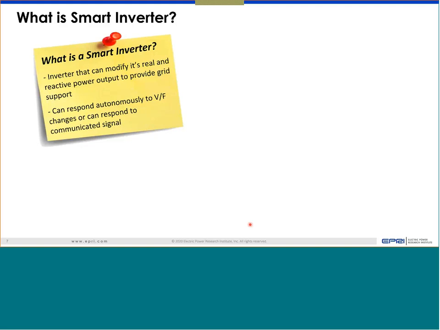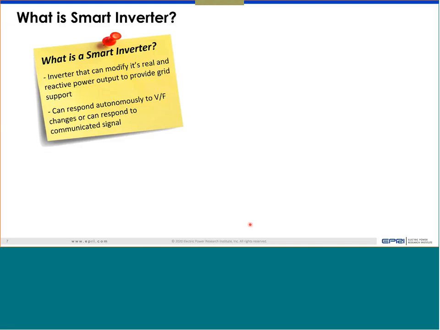The way I see it, a smart inverter can modify its real and reactive power output, without any external entity, to provide some sort of grid support, and can respond autonomously to voltage and frequency changes. The inverter sees a change in the voltage or frequency at its terminal, and based on however it is programmed, it will respond by changing real and reactive power.